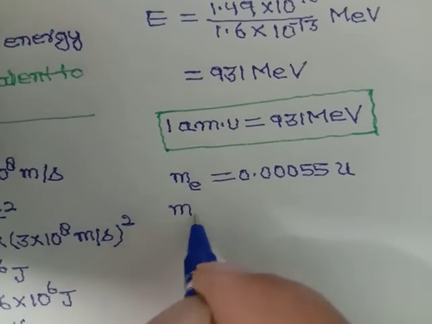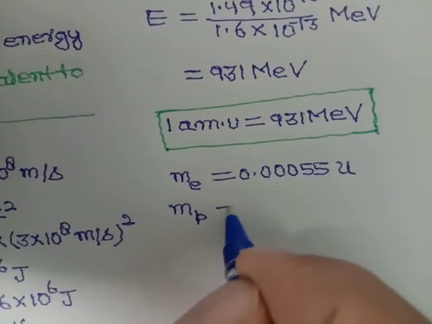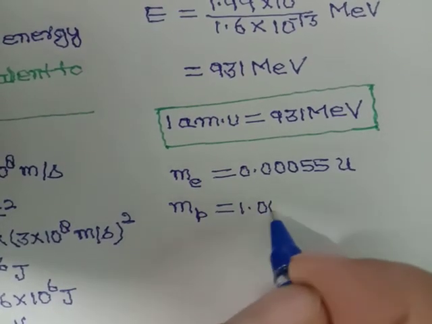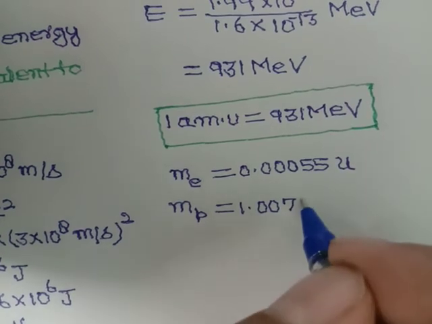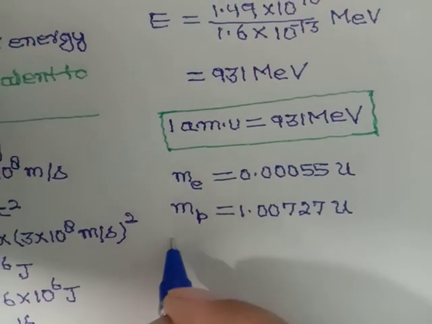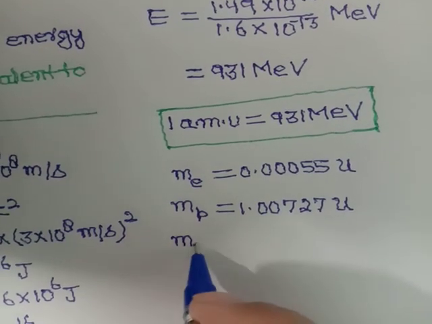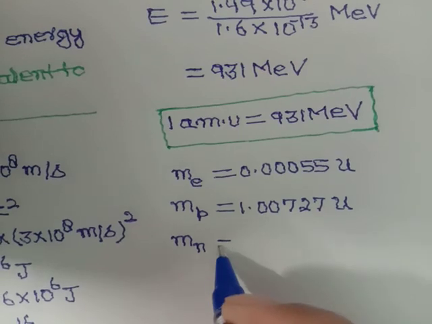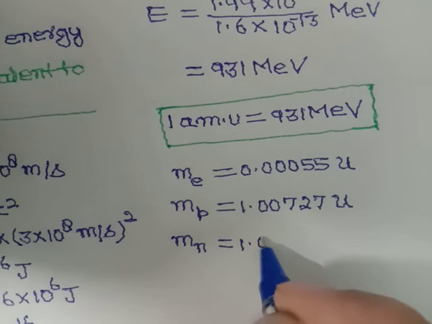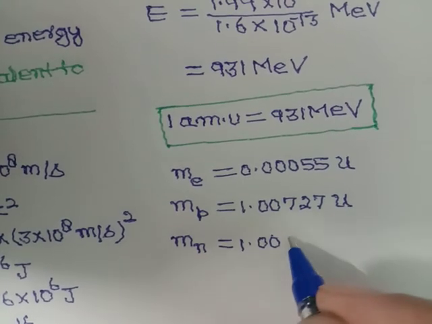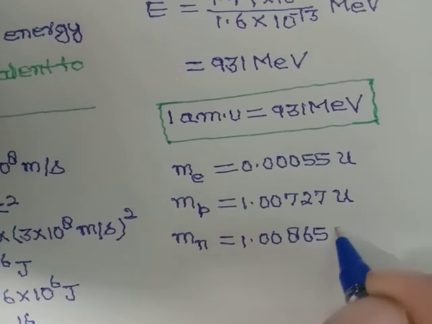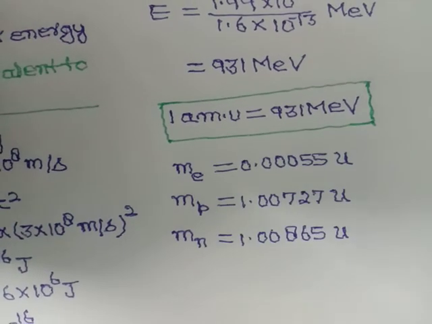Mass of proton is 1.00727 atomic mass unit, and mass of neutron is equal to 1.00865 atomic mass unit.